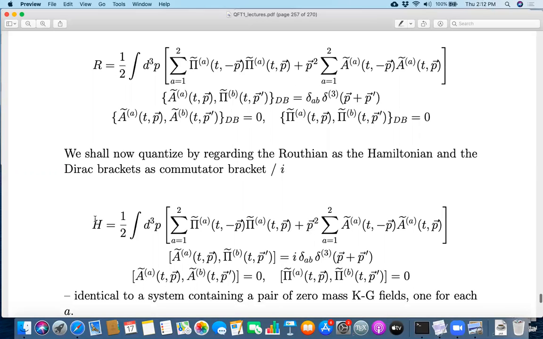Now I have written it as the Hamiltonian, the same expression, but now these have to be thought of as quantum operators, and instead of the Dirac bracket, I have replaced it by the commutator bracket. So the commutator of A tilde a and pi tilde b is i times delta ab delta of q minus q prime. The commutator of A tilde with A tilde is 0, and of pi tilde with pi tilde is 0.